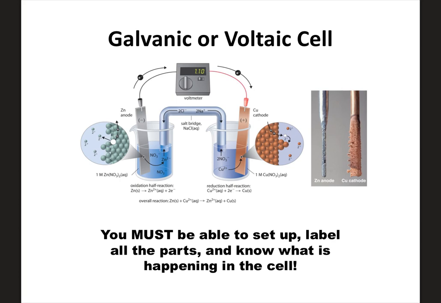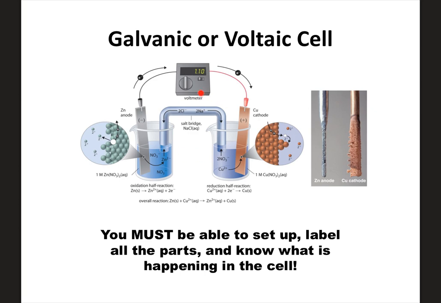So Cu2 plus is going to solid copper by gaining those 2 electrons, and you'll see that the ions leave the solution and become solid copper, and it starts to plate on the piece of copper. So over time, the cathode gets larger because that's where the gaining of electrons is taking place, and the Cu2 plus from the solution is plating out as Cu solid.